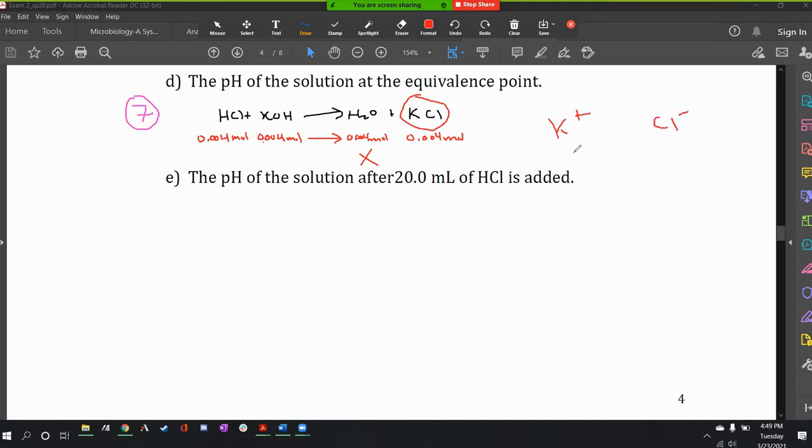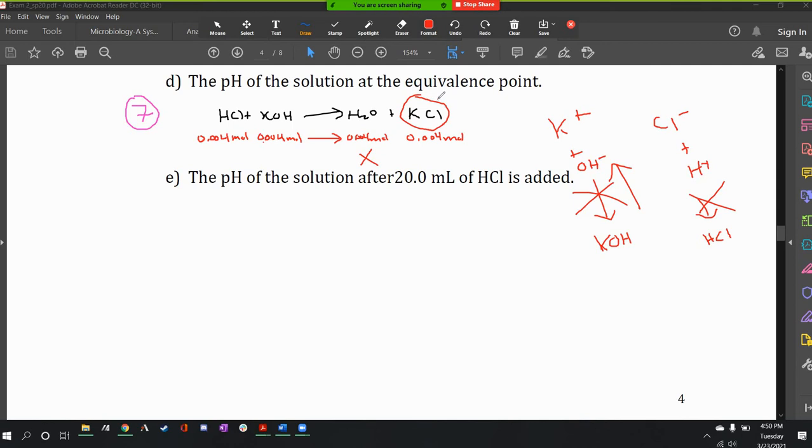If you try to add OH minus back to this K plus to get back to forming the base, that reaction doesn't happen because KOH is a strong base that only goes the other direction. Same thing for Cl minus. It can't grab onto H plus and reform HCl. I mean, it can, but it barely happens in any significant amount.